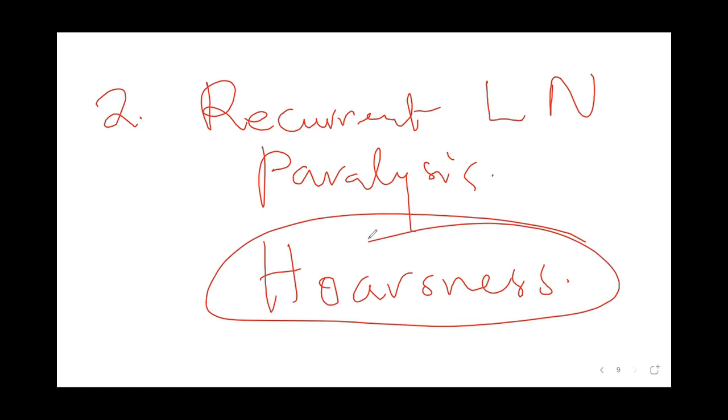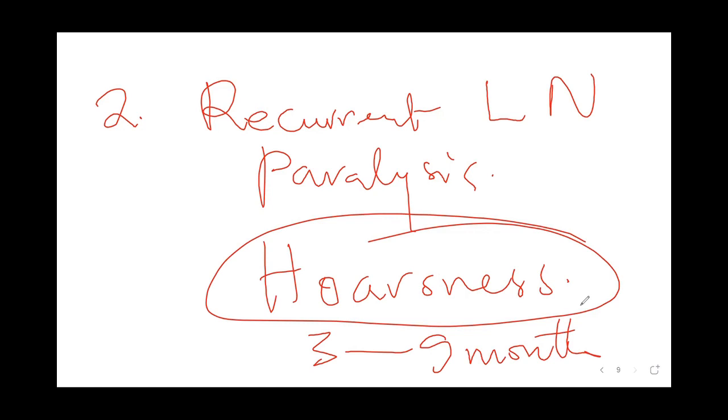And we should know that this injury might be transient. They tend to recover within 3 to 9 months. But when it persists after 9 months, they must have an operation.